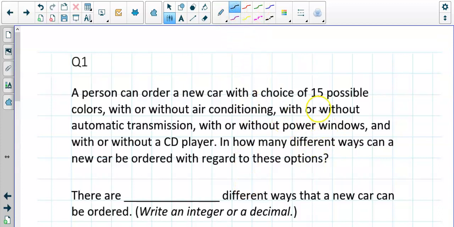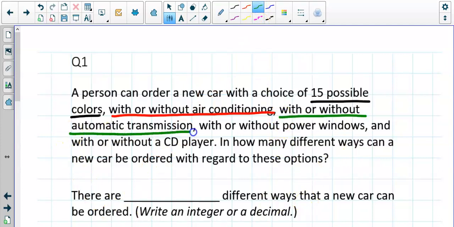You're going to select from 15 possible colors, and then you're going to pull out from the air conditioning, whether you want it or not, which I don't know why you wouldn't want air conditioning. Then you got with or without automatic transmission. Then you got another group that's with or without power windows. And then we've got a final group that is with or without a CD player. So you have all these different groups that you're pulling from. So that's the fundamental counting principle.